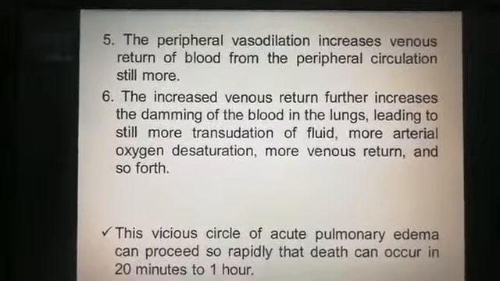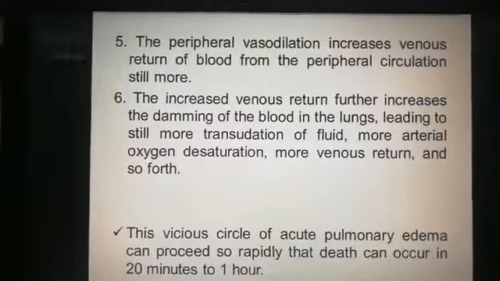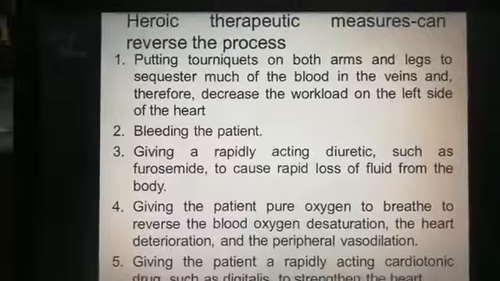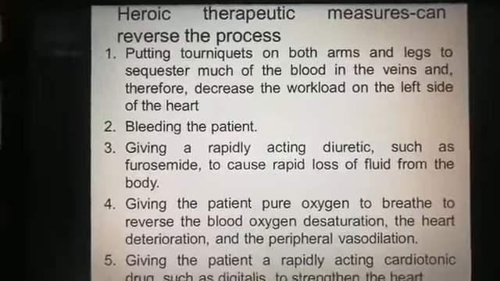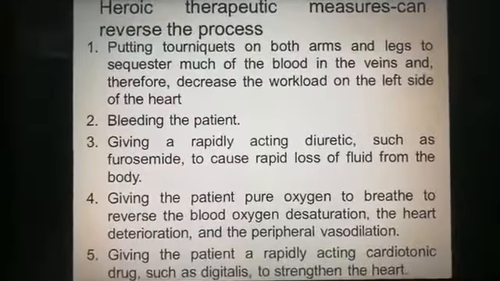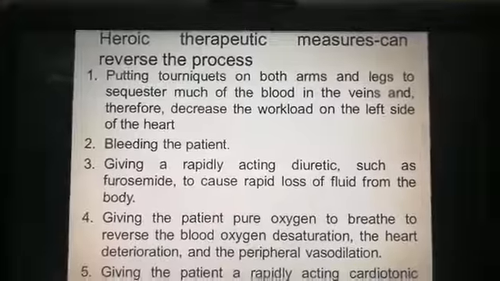So the blood remains pooled in the lungs, and there is more pulmonary congestion. So how can we prevent or reverse this process? Heroic therapeutic steps. So we will take emergency therapeutic steps.